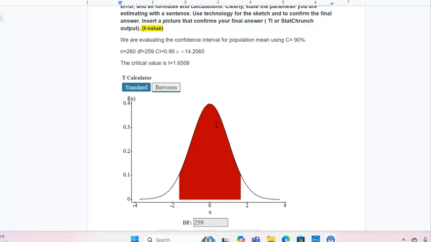The CI is going to be 90, because that's what we're looking for. And then our standard deviation is going to be 14.2060.